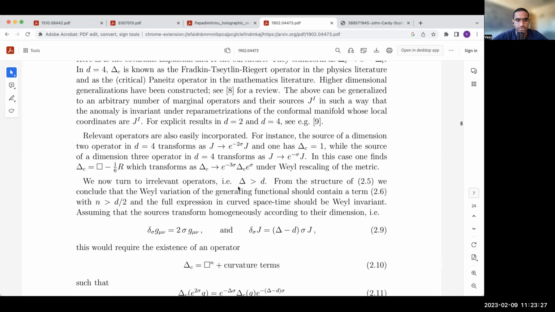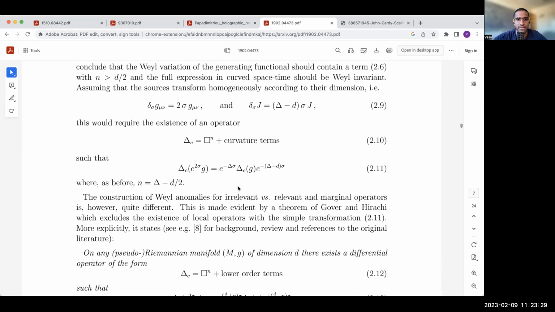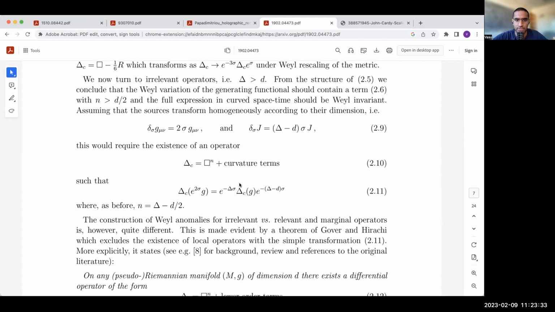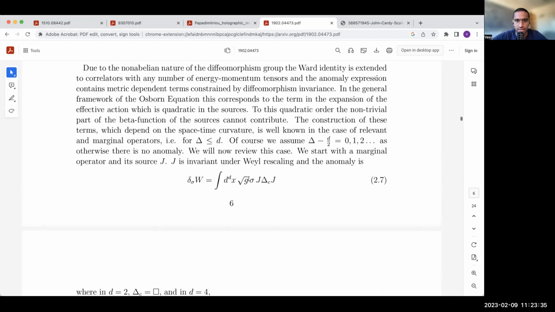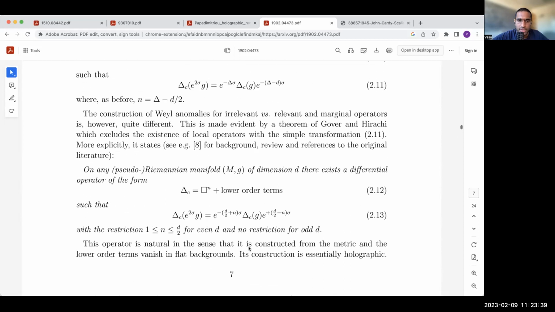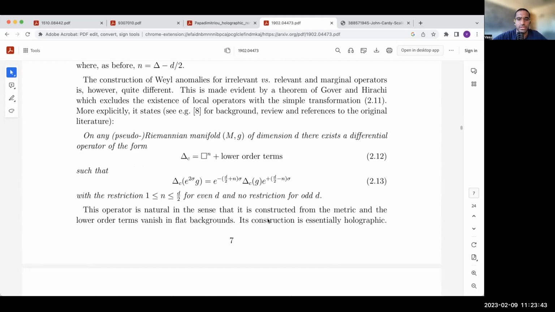But that changes once you have irrelevant operators. Once you have irrelevant operators, then for their sources, you can have some operator which does contribute to a beta function. And this is what they explain.